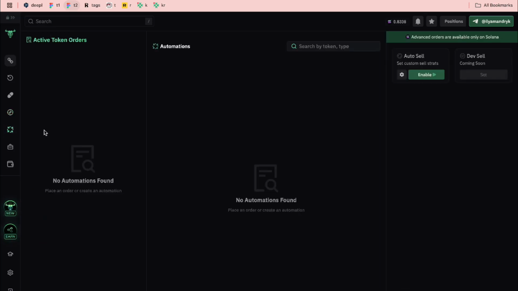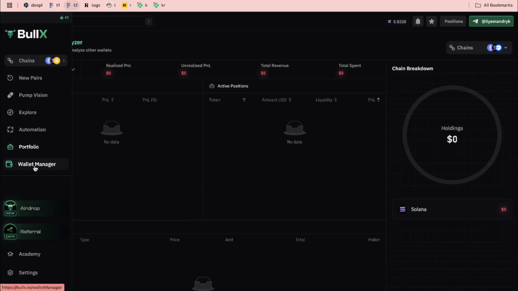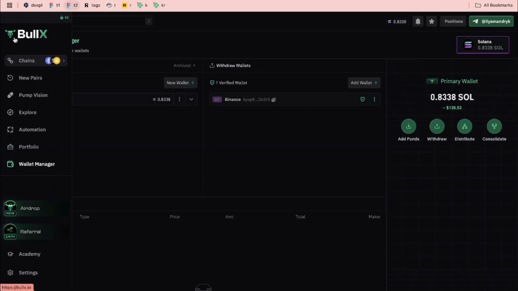We also have the automation where you can add some rules. So according to your rules, probably it will buy and sell. So it looks like robots for trading. And also we have a portfolio where we can find all the information about our account, P&L, total revenue, total spend, and so on. So this is the way of how to interact with Bullx.